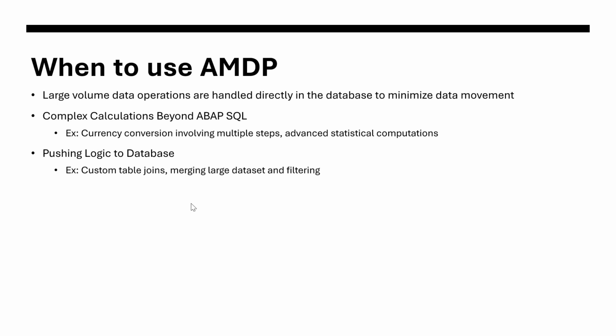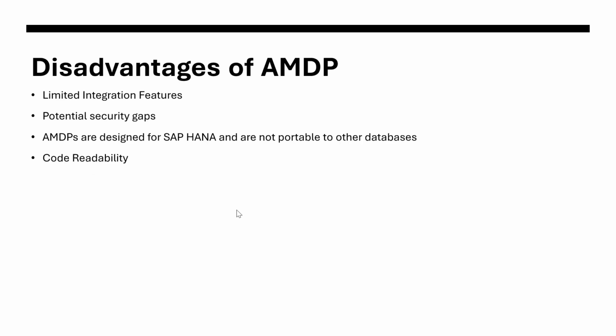When we don't want to go with AMDP means, if the CDS views approach is very much feasible and you can do it by CDS views, then just go with the CDS views. We don't need AMDP in that case. And some of the disadvantages of AMDP, like we have very limited integration features.